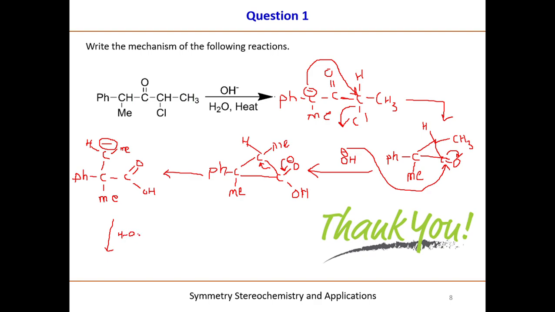I will write here. Here it will abstract the proton to give the corresponding product, R, or we can write here pH.